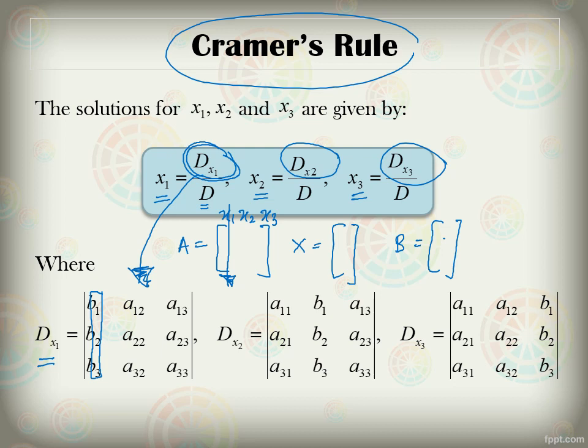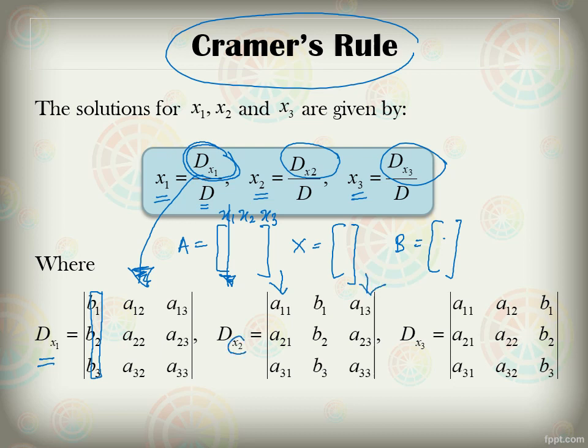The determinant Dx1 will proceed as usual. You can apply the two methods. For Dx2, remain the columns for x1 and x3.